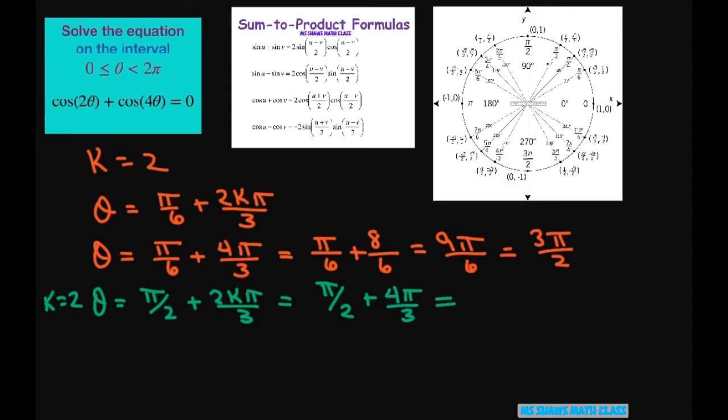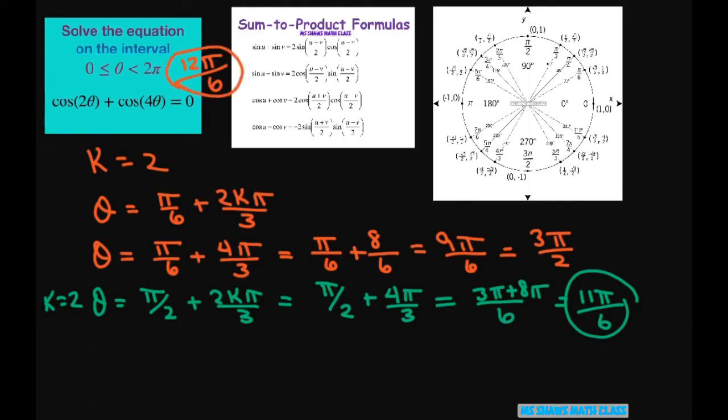Now this gives you common denominator 6, 3 pi plus 8 pi, which gives you 11 pi divided by 6. So that's a new one. It can't go higher than 12 pi divided by 6. It can't even equal that. 12 pi divided by 6 is 2 pi. So we know we can stop.